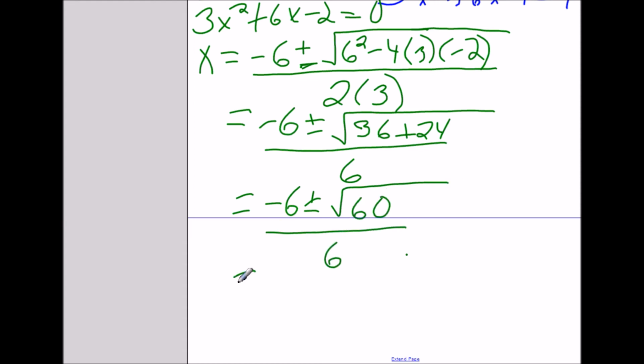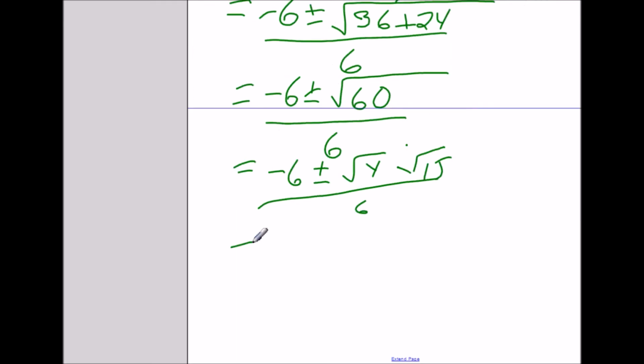Okay, negative 6 plus or minus the square root of 4 times 15 all over 6, which is negative 6 plus or minus 2 radical 15 all over 6. And a 2 comes out up top and bottom.